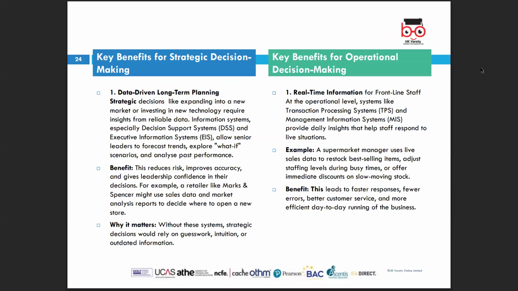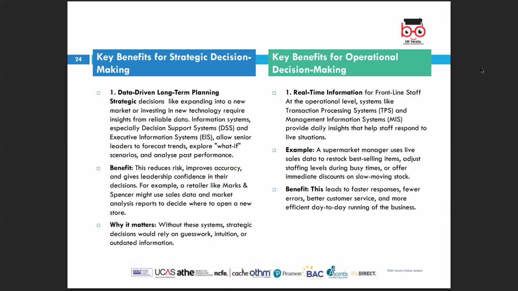So what are the key benefits when it comes to strategic decisions? We're looking into data-driven, long-term planning strategy, such as decisions like expanding into a new market or investing in new technology, which require insight from reliable data.